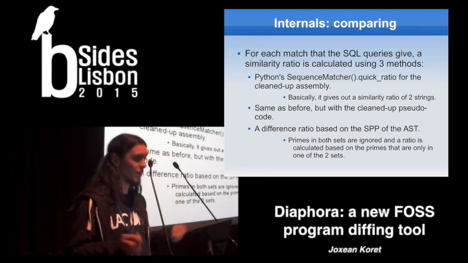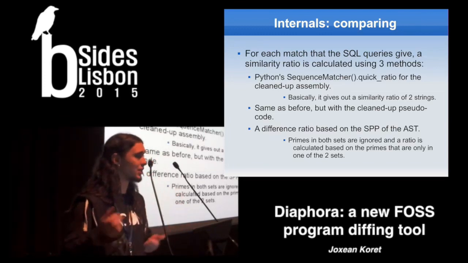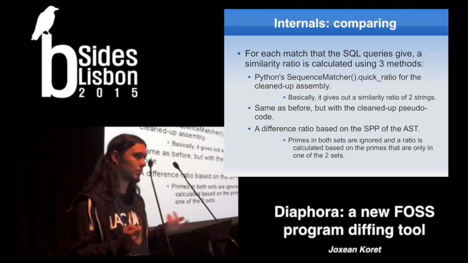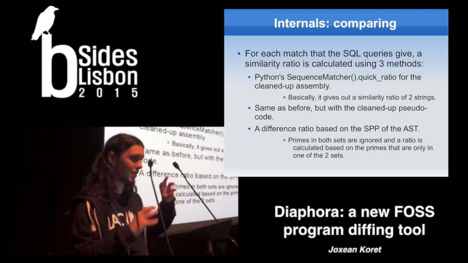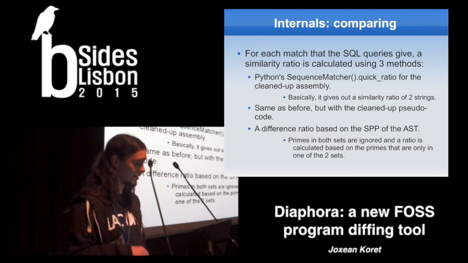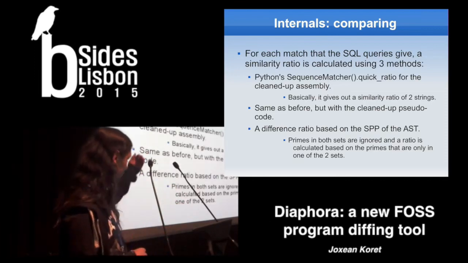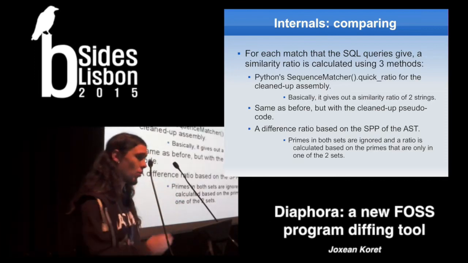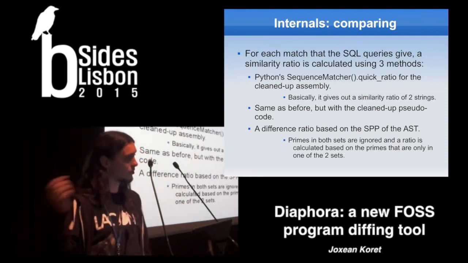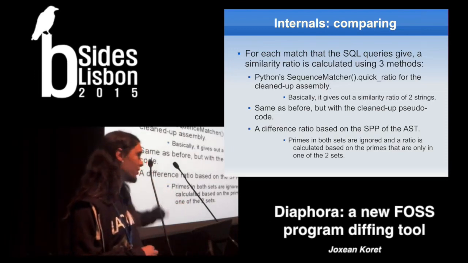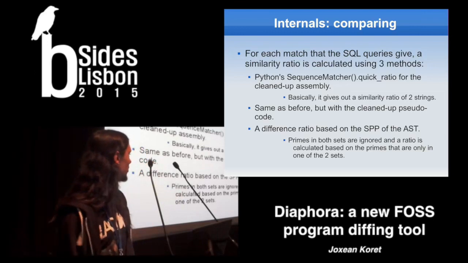So using a cleaned up version of the assembly and the pseudocode, we have a pretty good way of comparing how related one function is to another when we have a match. I do it with both the raw version of the assembly and the pseudocode, and also with the cleaned up version.